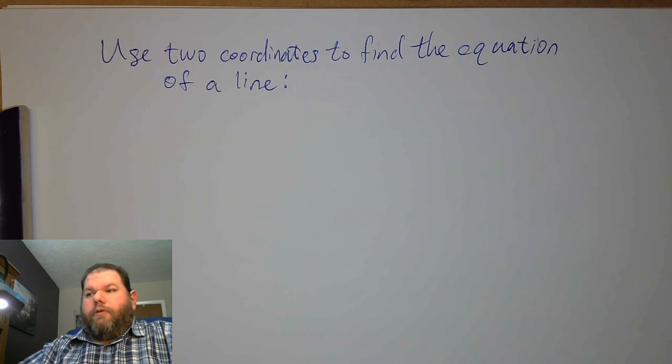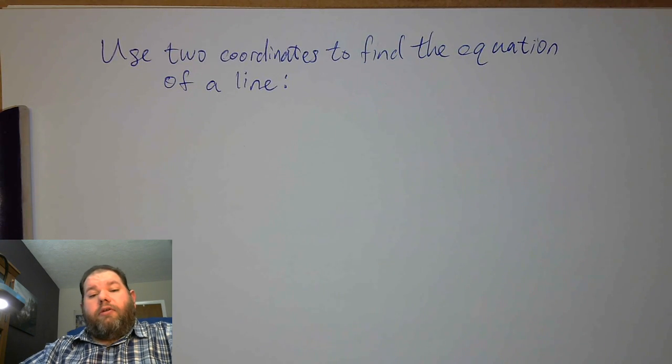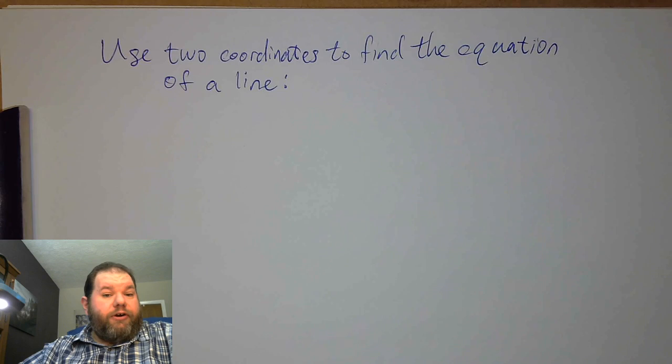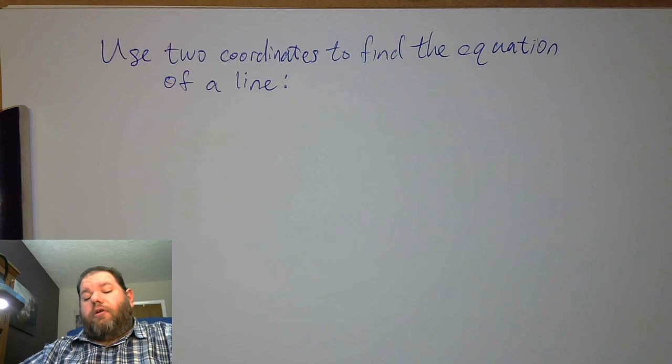We're going to start off with two coordinates. Realistically, what we need to find the equation of a line is one coordinate, so we already have two, so we're ahead of the game there. We need one coordinate and the slope of the line.